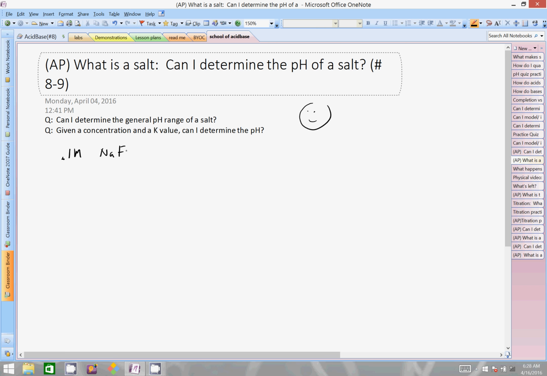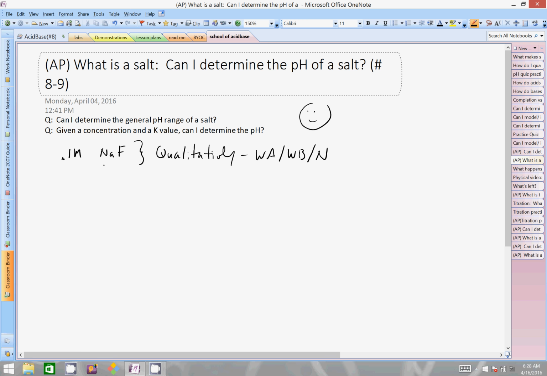There also would be maybe a video that I would want to put on here, and maybe I have it on here already, but you should be able to qualitatively determine, is this a weak acid, is it a weak base, or is it neutral? And that's something I do usually leave to the AP level. But either way, today we're going to actually determine what it is.